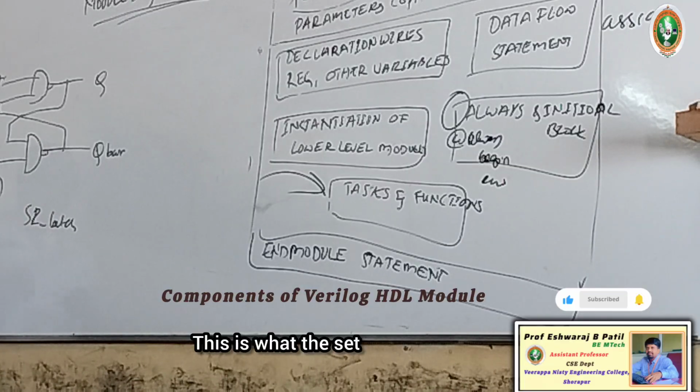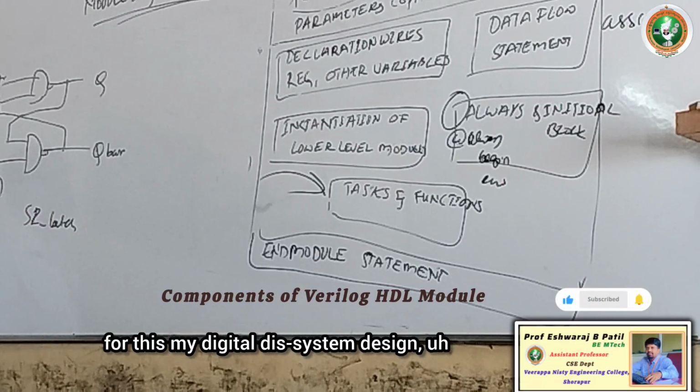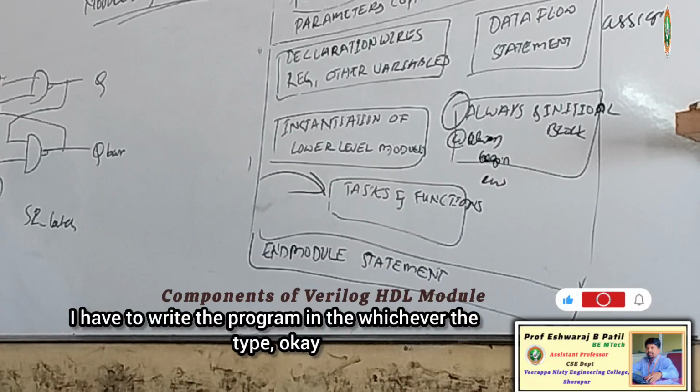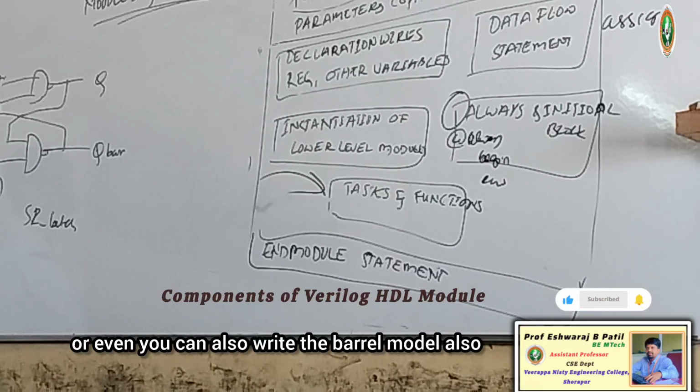This is the set and reset, that's the SR latch. For this digital system design, I have to write the program in whichever type. You can write it in the data flow model, or even the behavioral model.